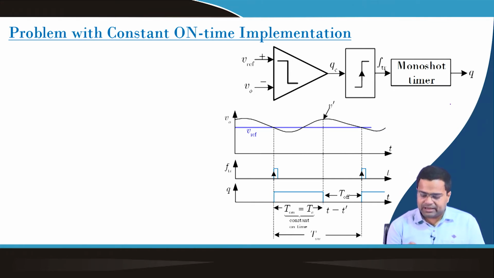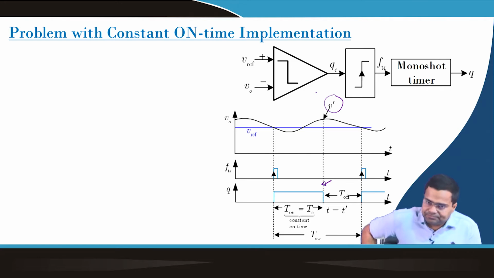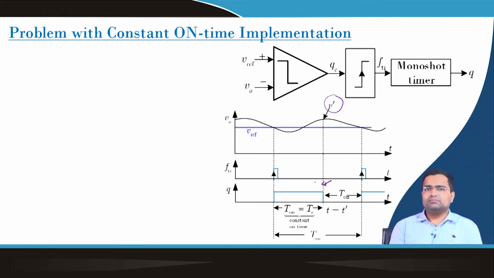We are assuming that when the switch turns off, in this particular phase where the voltage is V dash, the output voltage should be above the reference voltage. This typically happens in steady state if you have sufficiently high on time.